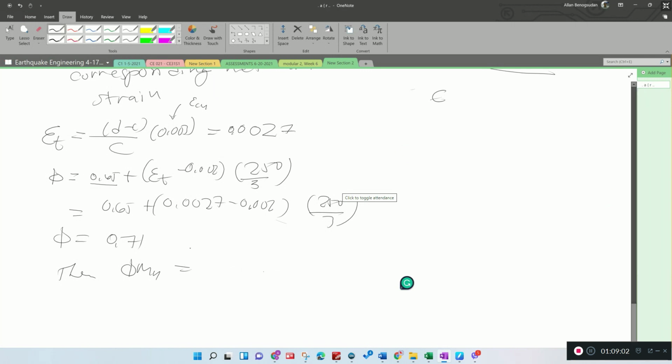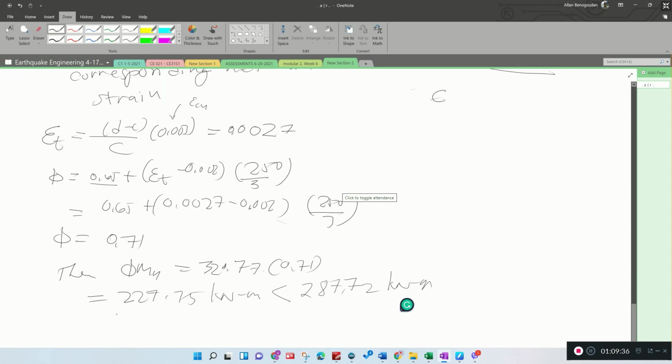So phi Mn now is equal to 320.77 times phi, is equal to 227.75 kilonewton meter, which is less than 287.72 kilonewton meter.